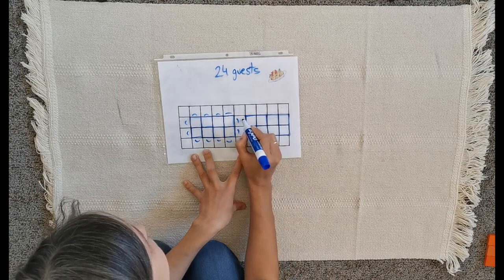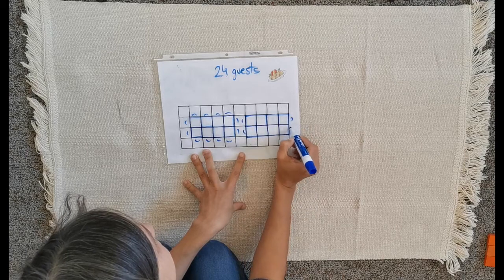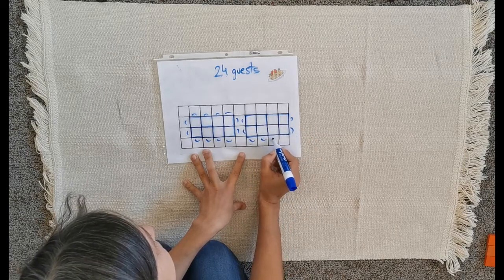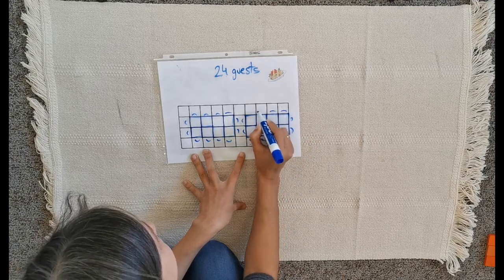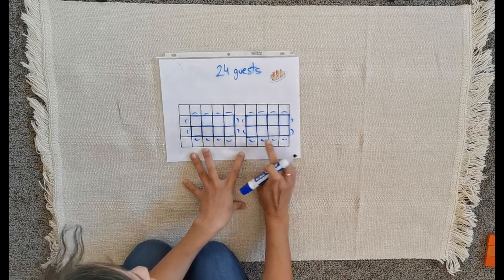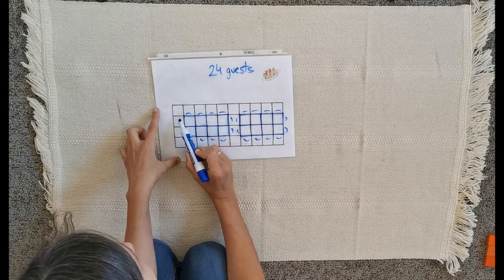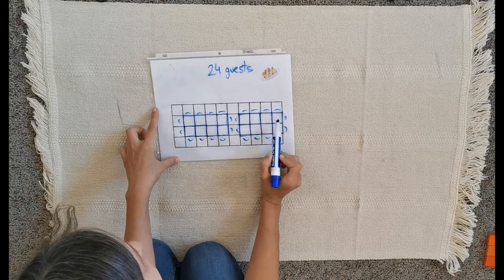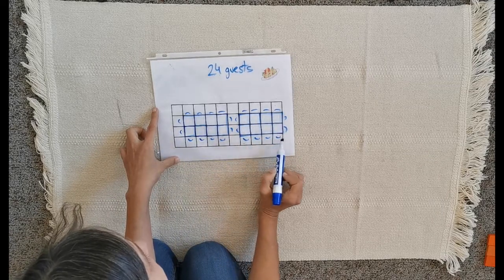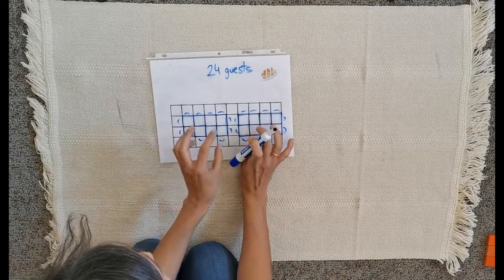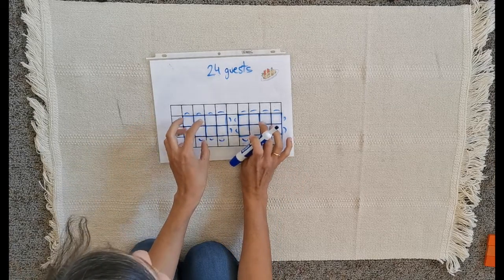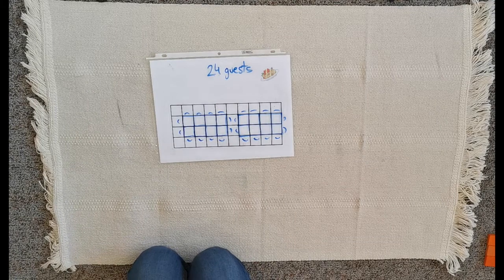And I will have room for 2 more, another 2, and another 4, and another 4. So in here I will have 12 and another 12 over here. And 12 plus 12 makes 24. So I will have room for the 24 guests.